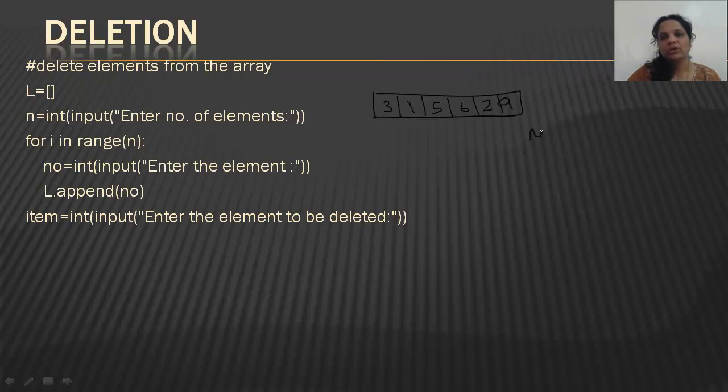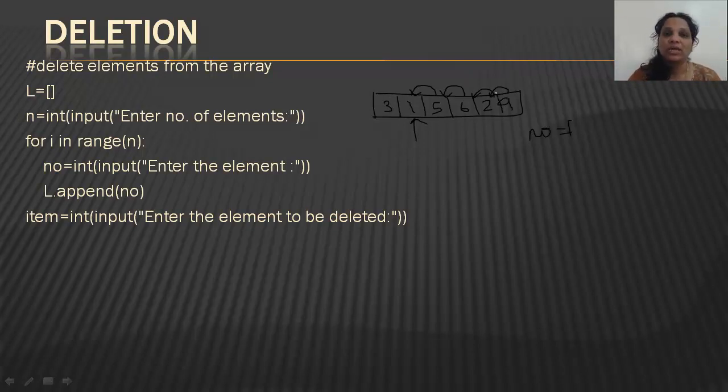And you want to delete the element 1. In other programming languages, first of all, we locate where is 1. After we locate where is 1, then the shifting takes place. This gets shifted here, this gets shifted here, this gets shifted here, and this gets shifted here, and that's how they perform deletion. So in insertion, we were shifting to the right. For deletion, we shift to the left.